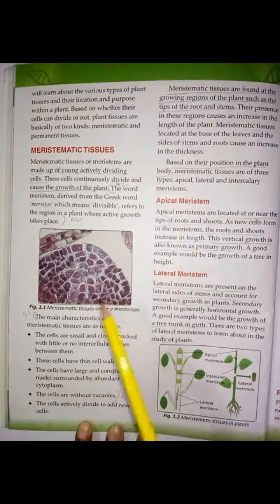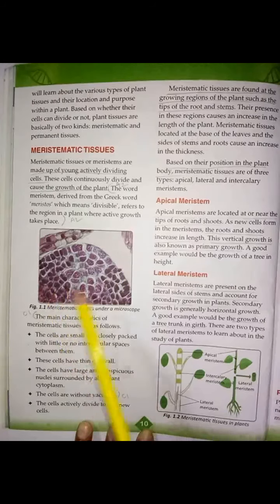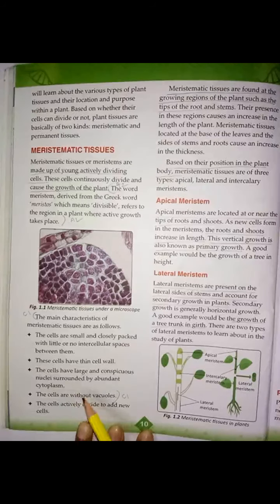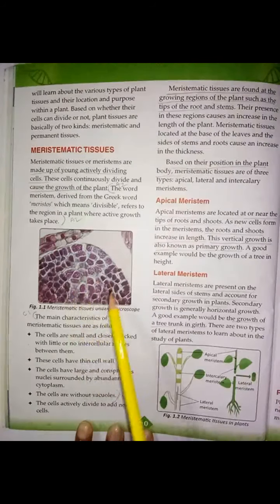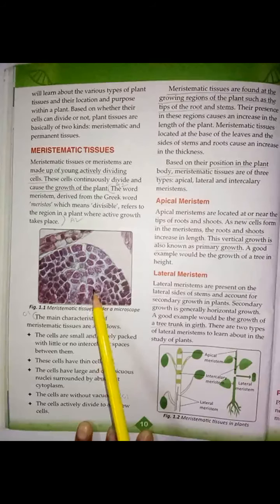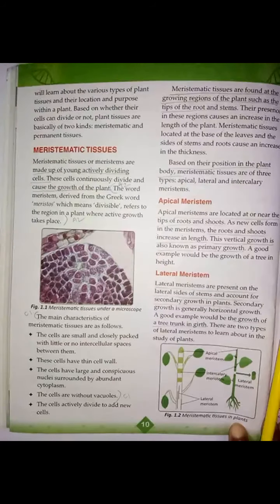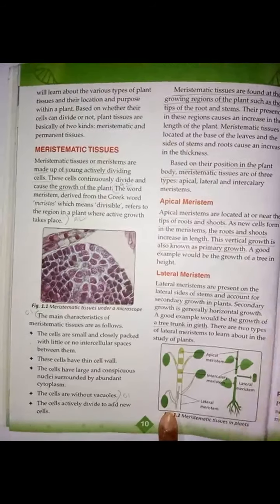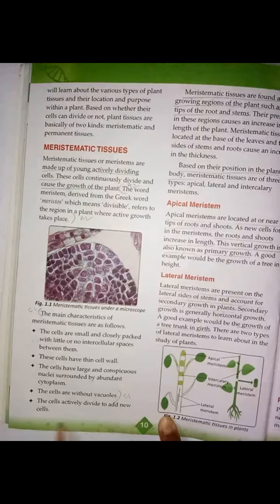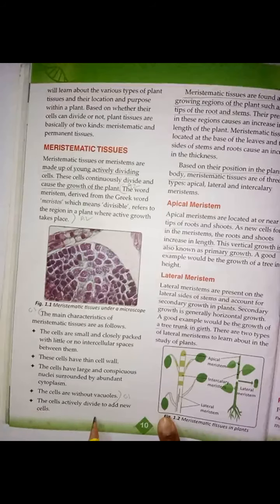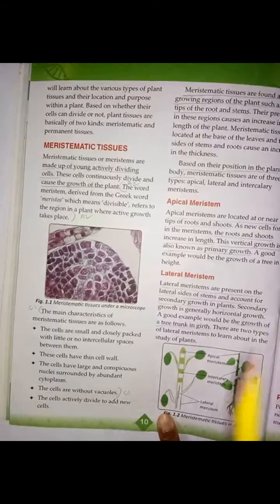Now they have a fluid filled in between which is known as cytoplasm. So the cells of these meristematic tissues are filled up of a fluid known as cytoplasm. The cells are without vacuoles. They do not have vacuoles. The cells actively divide to add new cells. These cells continuously divide and redivide to form new cells.